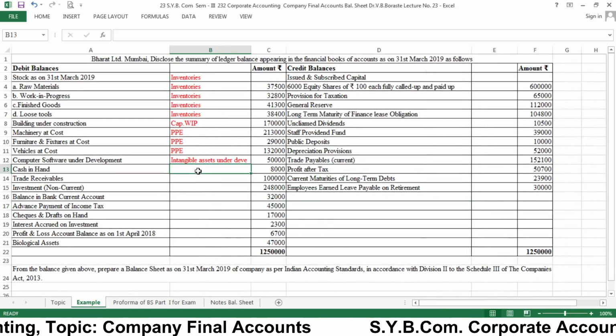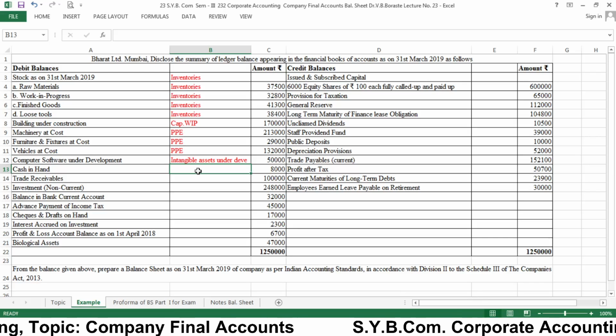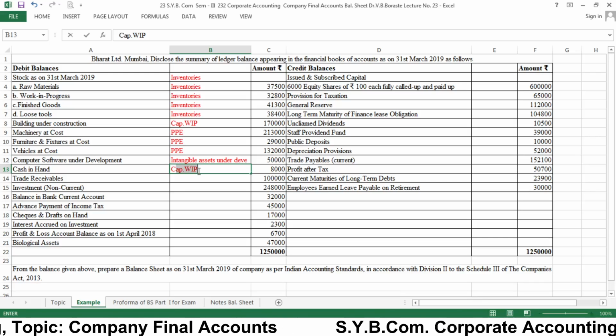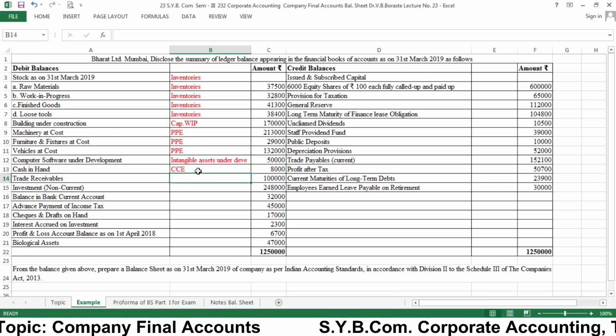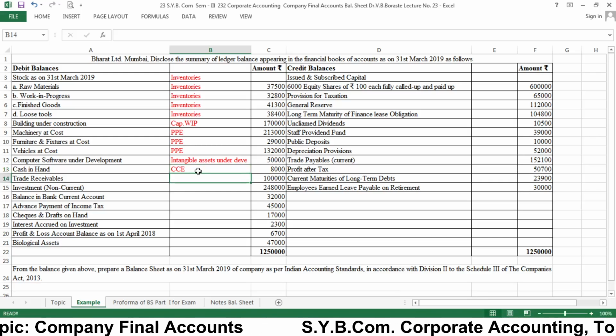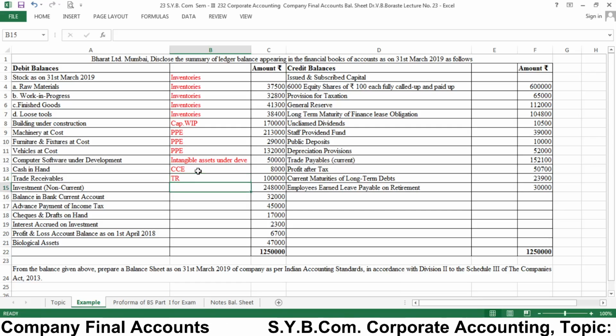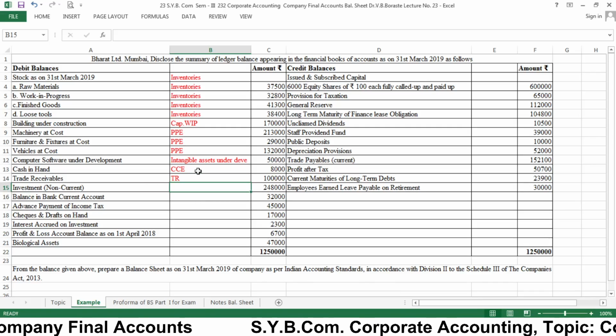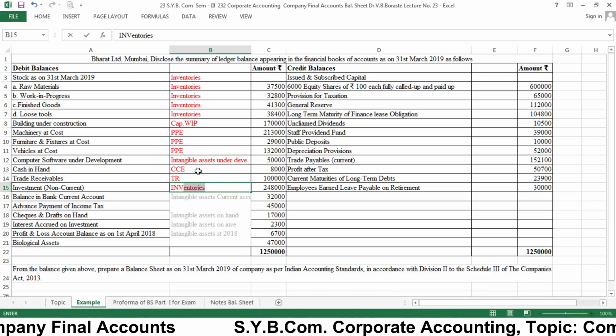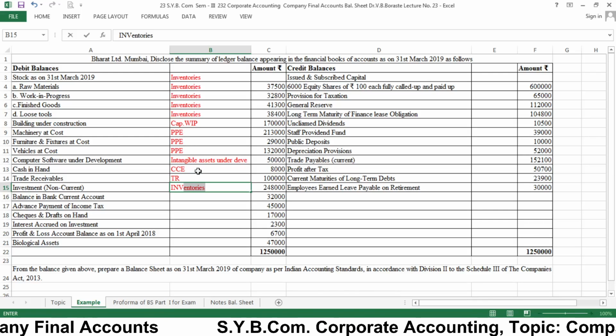Then cash in hand, as you know, will be posted in cash and cash equivalents. So CCE, cash and cash equivalents. Trade receivable, the same title is there, trade receivable. Investment, it will be posted in investment and properties.